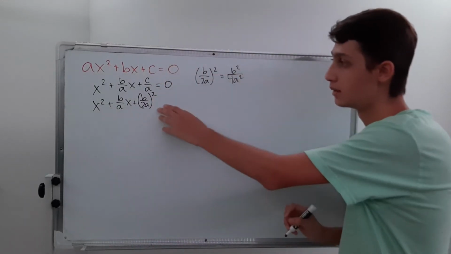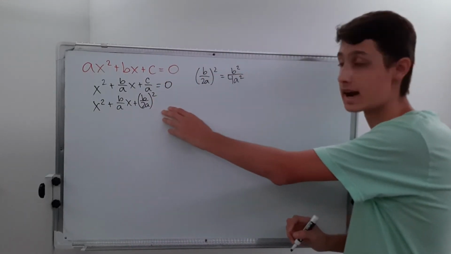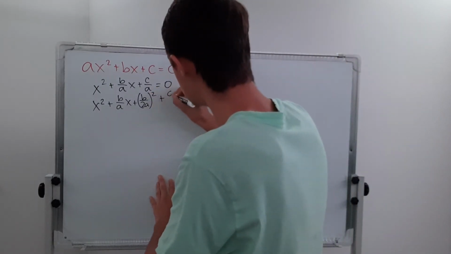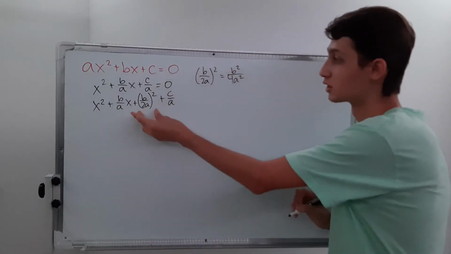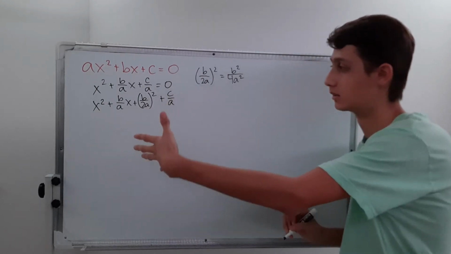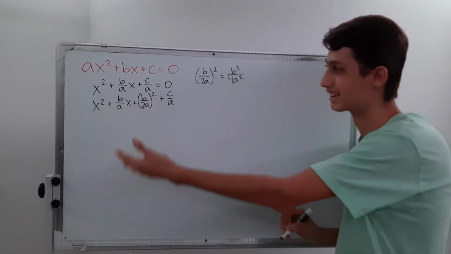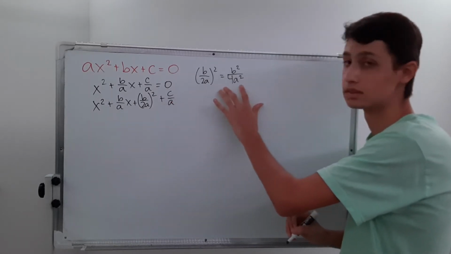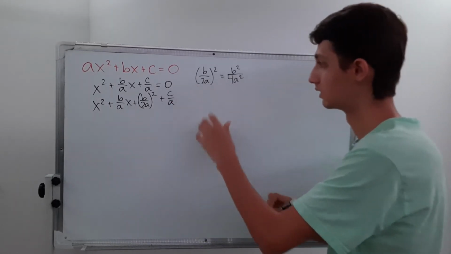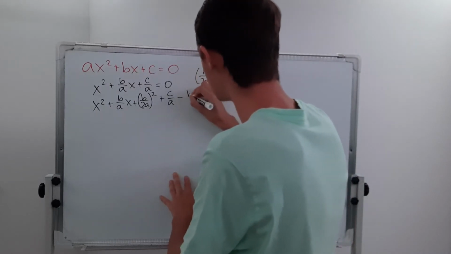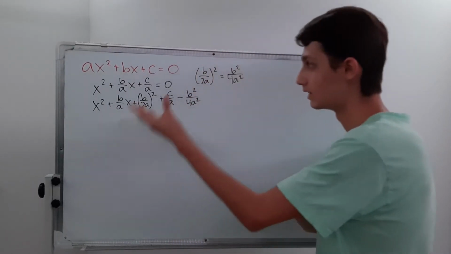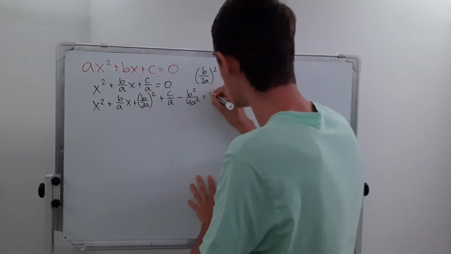I'm going to leave it in this form for now. And then plus c over a. And then we're going to subtract this off, because we don't actually want to add it, because that would change the value. So we're going to subtract off b squared over 4a squared. And again, this is equal to 0.